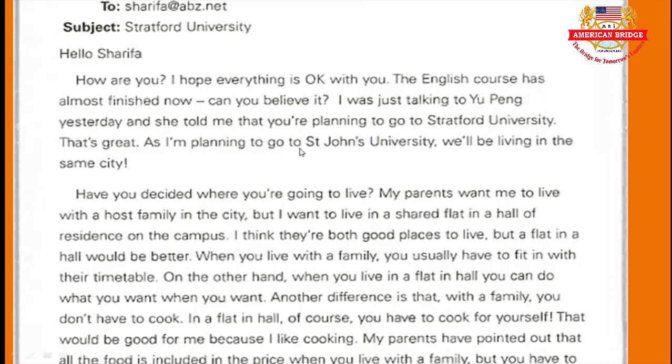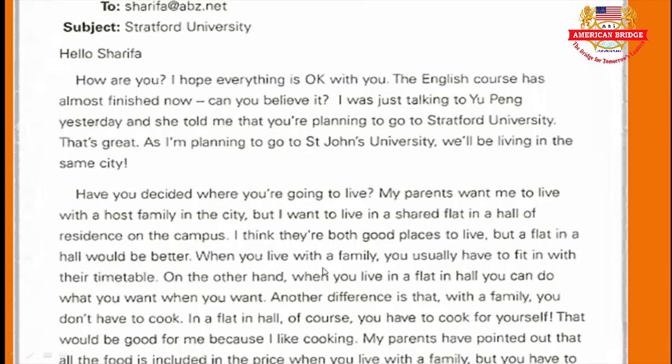We'll be living in the same city. Have you decided where you are going to live? My parents want me to live with a host family in the city, but I want to live in a shared flat in a hall of residence on the campus. I think they're both good places to live, but a flat in a hall would be better.